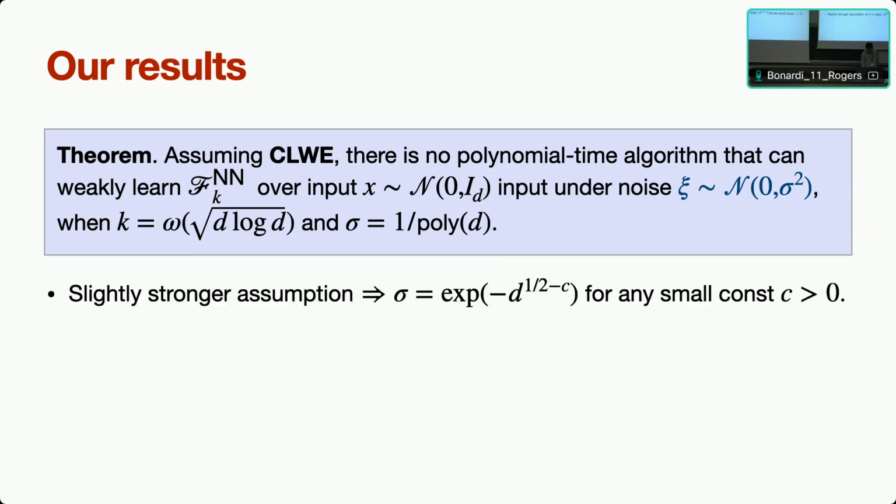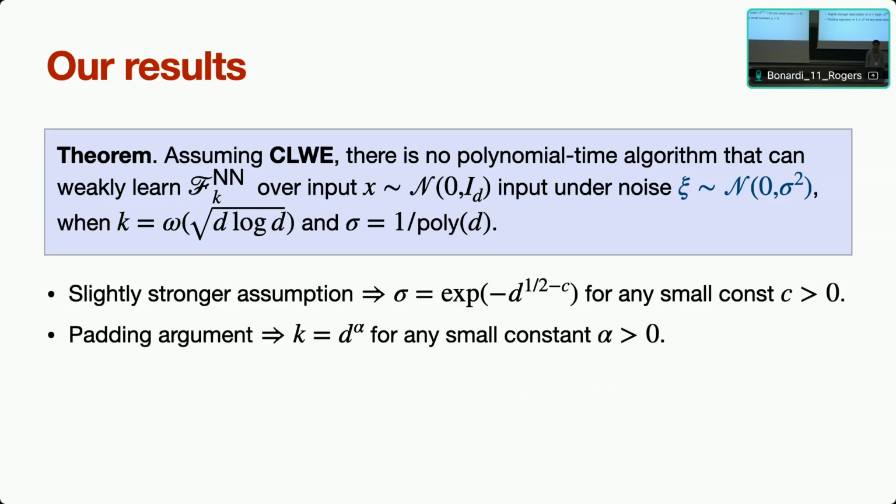One remark is that under some slightly stronger assumption, you can make this sigma even smaller, like subpolynomial, very close to e to the minus square root of d. And also by some simple padding argument, you can make your width any polynomial in d. So this is basically our result.